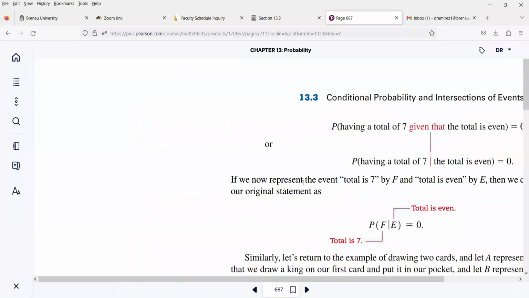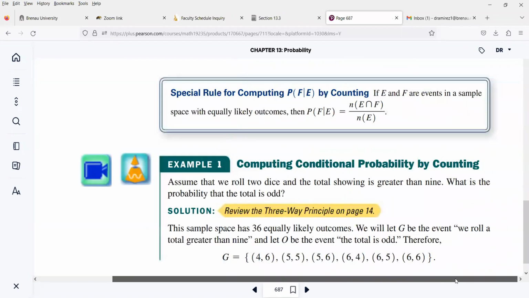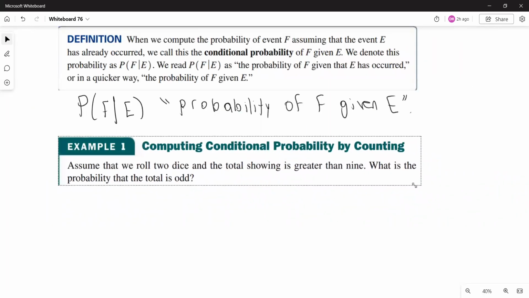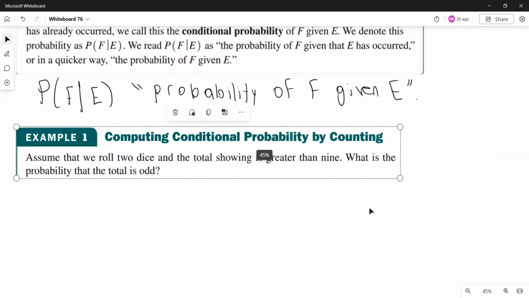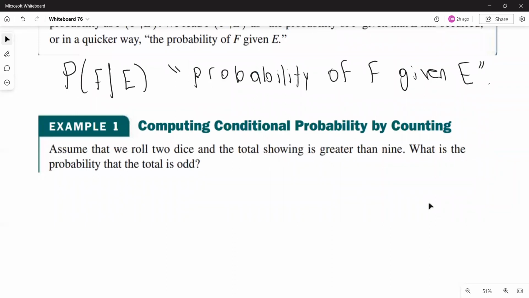So we're going to go now over example 1. Assume that you roll 2 dice and the total showing is greater than 9. What is the probability that the total is odd? So we have 2 events.